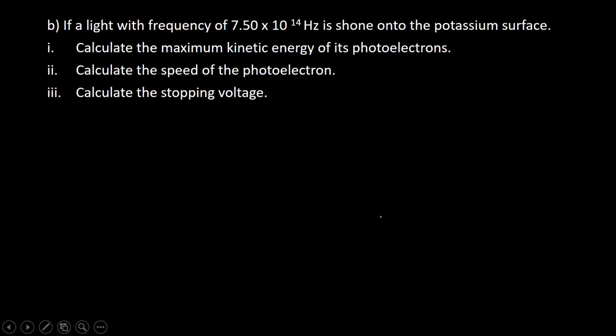Okay. If a light with frequency of 7.50 times 10 to the power 14 hertz is shone onto the potassium surface, calculate the maximum kinetic energy of its photoelectron. So right now we see the frequency of light that we are using, this f, is actually larger than f naught. And we know the law of conservation of energy.